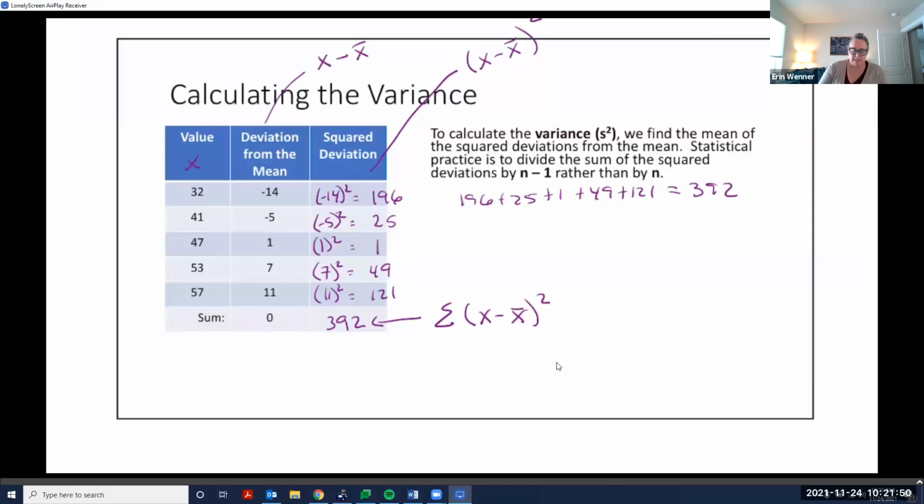All that means is the sum of the squares of the deviations. To calculate s squared, we find the mean of the squared deviations from the mean, and to do this, we divide the sum of the squared deviations by n minus 1. So the formula looks like this.